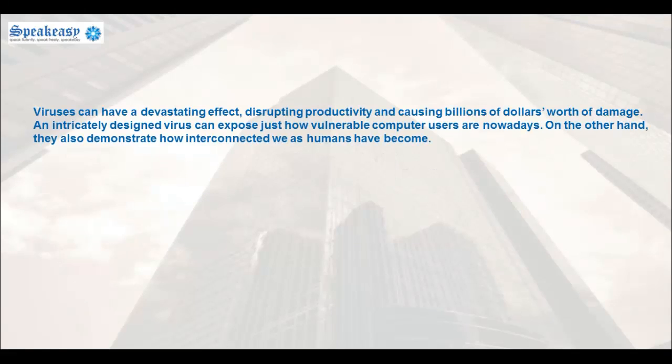Viruses can have a devastating effect, disrupting productivity and causing billions of dollars worth of damage. An intricately designed virus can expose just how vulnerable computer users are nowadays. On the other hand, they also demonstrate how interconnected we as humans have become.